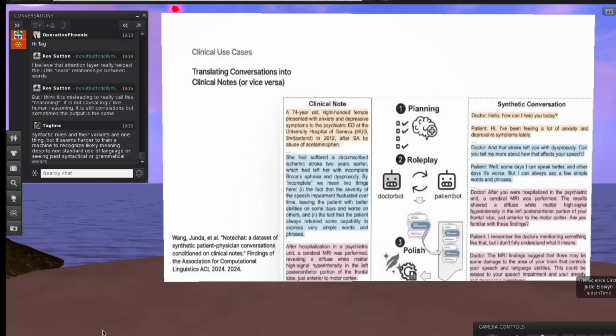But this is the opposite. These researchers actually created a synthetic conversation using an LLM from the clinical notes. So the LLM reads the clinical notes that are recorded probably by a clinician, and it tries to generate a synthetic conversation that may have gone on between the patient and the doctor. I thought that was pretty interesting, doing it the opposite way, because you would normally want the summary, but this is the conversation.